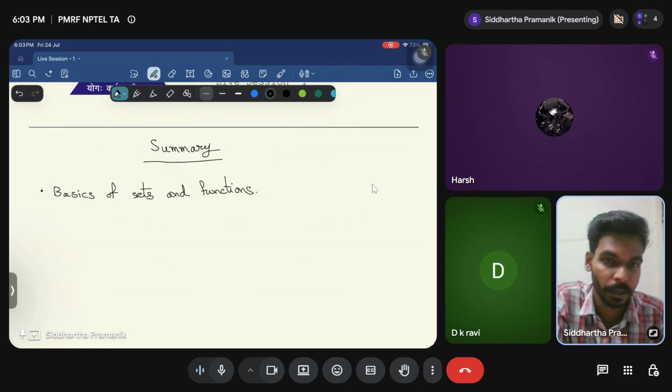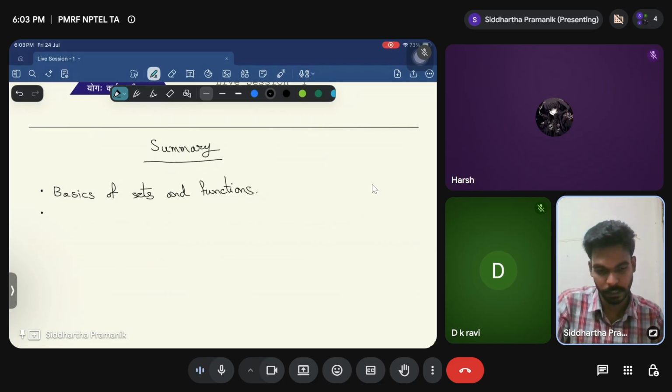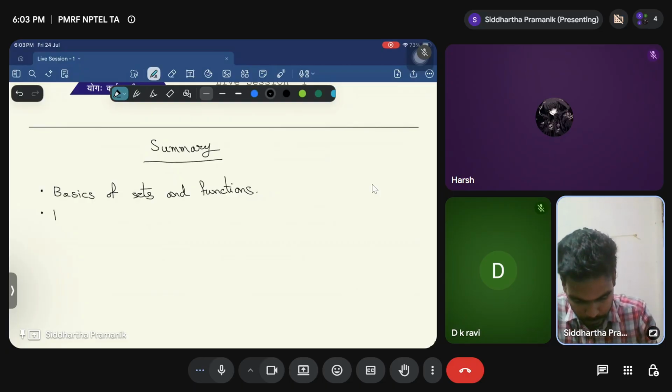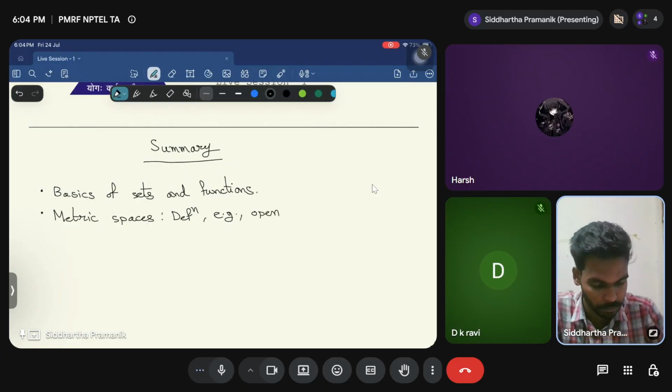And after that, we did the basics of metric space theory, just definitions and some examples. In metric spaces, we give the definition, we give some examples, and also we define what we mean by open balls and open sets.